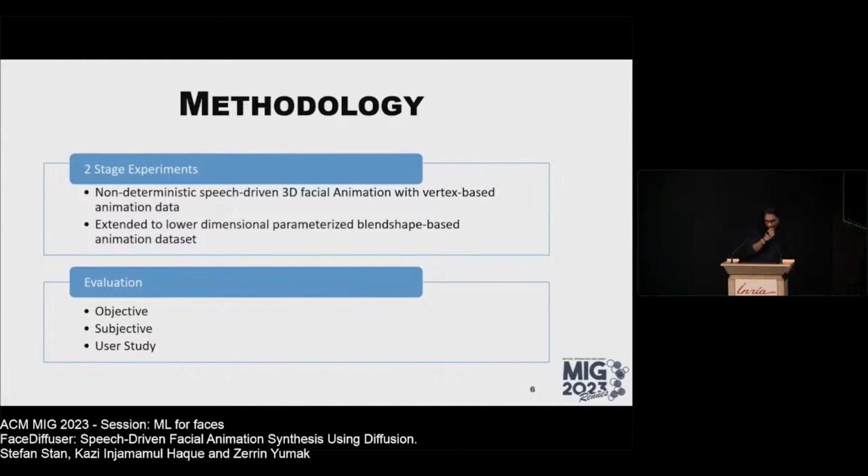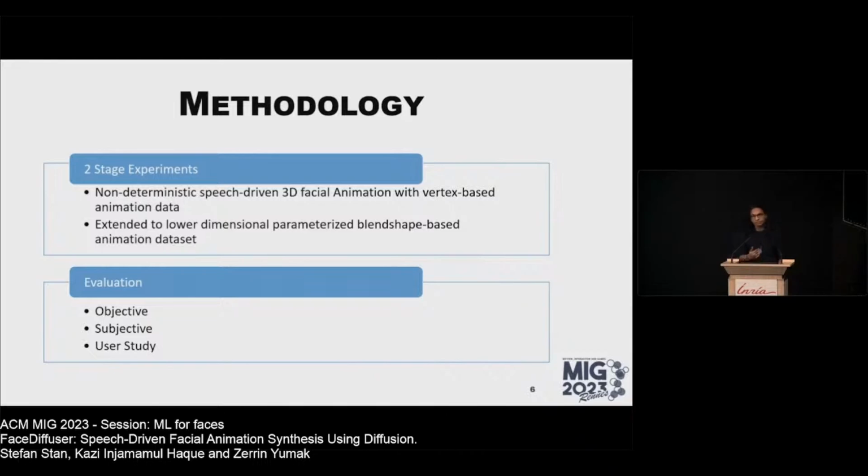In terms of methodology, we do two stages of experiments. We first start with the vertex-based data set because we want to compare our model's results with previous state-of-the-art models that are trained on this vertex-based data set.